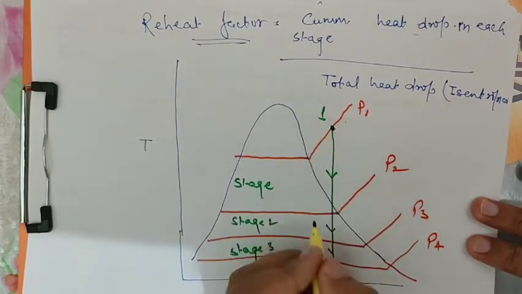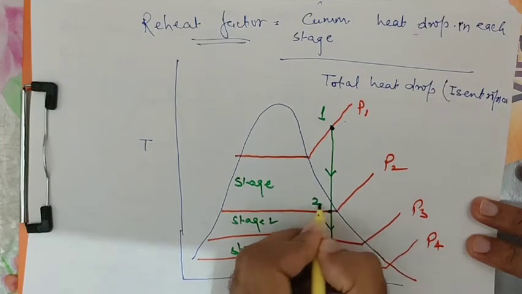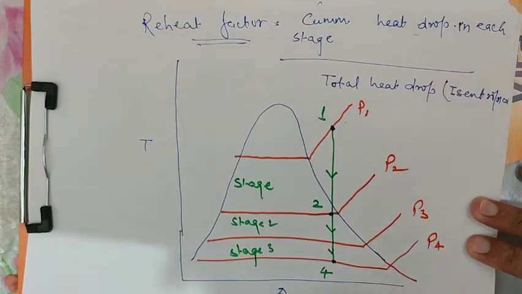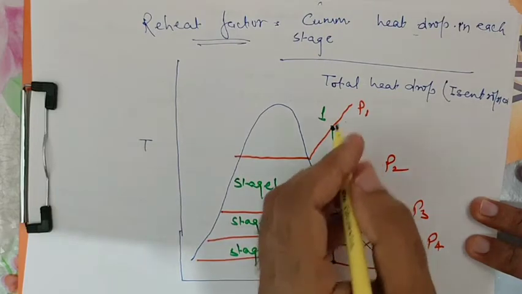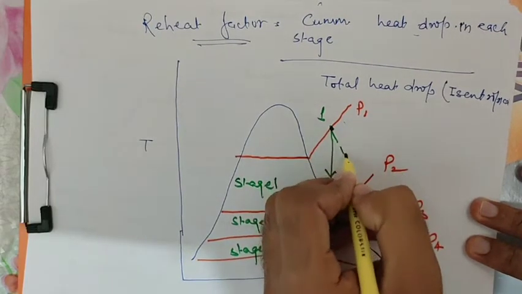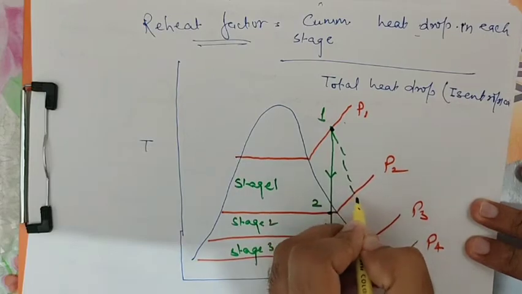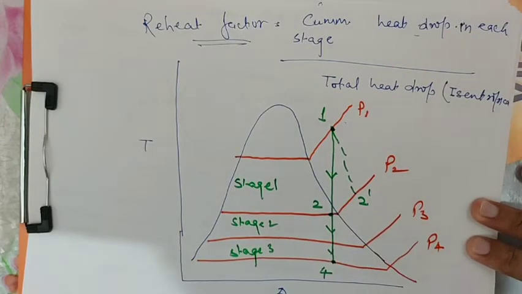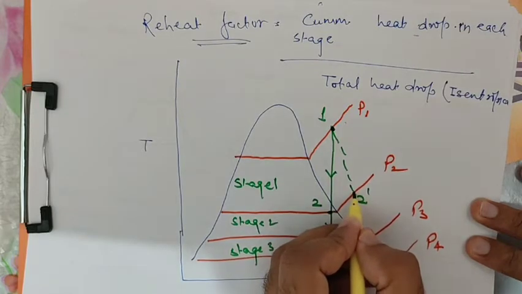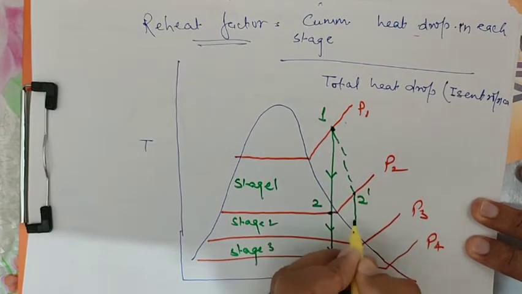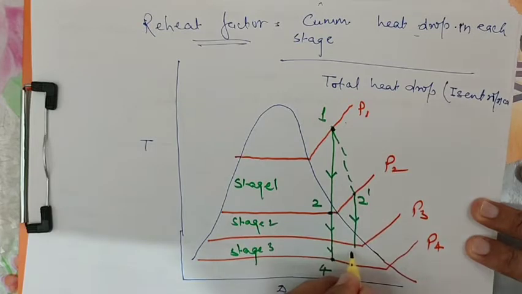If we take 1 to 2, the ideal isentropic drop in stage 1, this is the ideal one. And in the actual condition, what will happen? This is 2 dash. Now again, from 2 dash, the ideal expansion, let it be 3 dash.